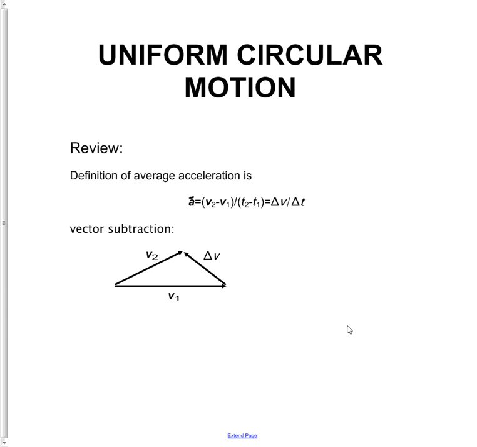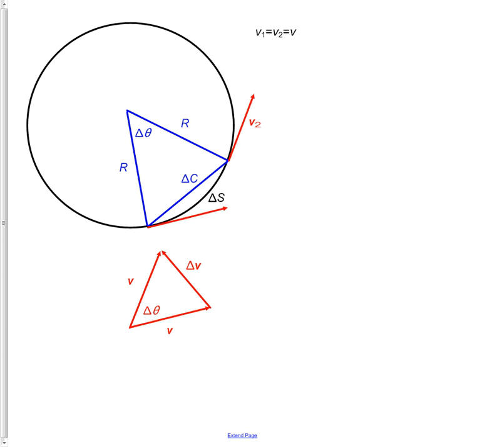Okay, so that's all we need in order to proceed with our examination of what is the acceleration. That's basically what this video is about. What is the acceleration of something which is traveling with speed v in a circle of radius r?